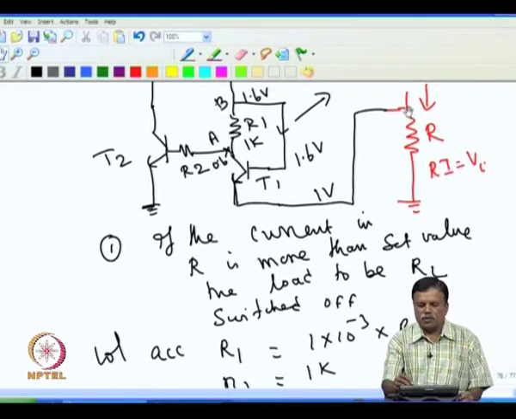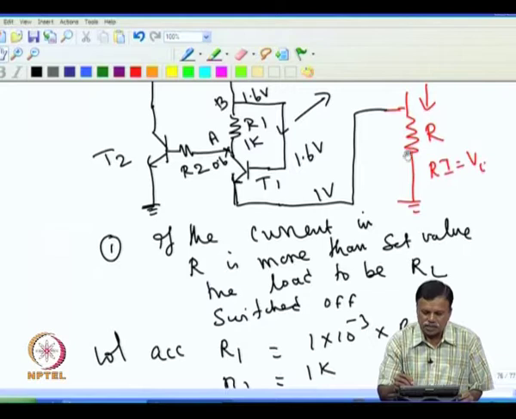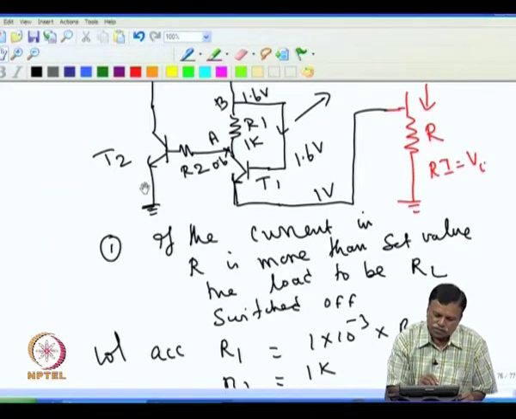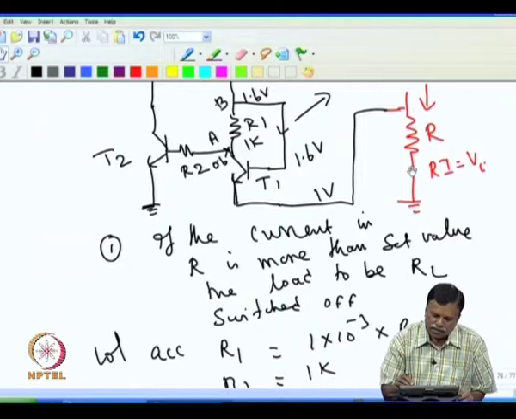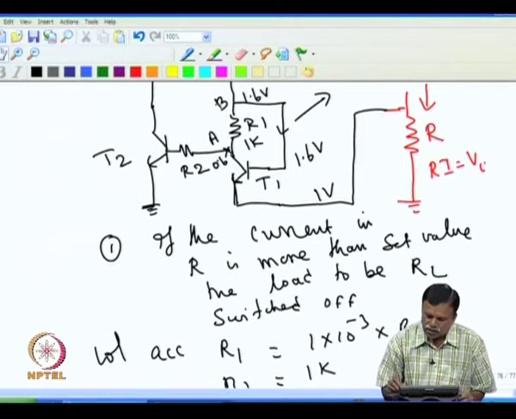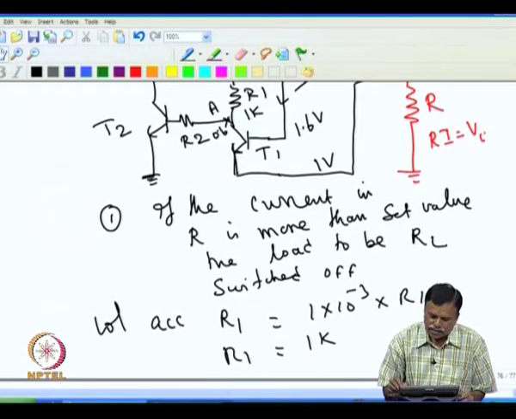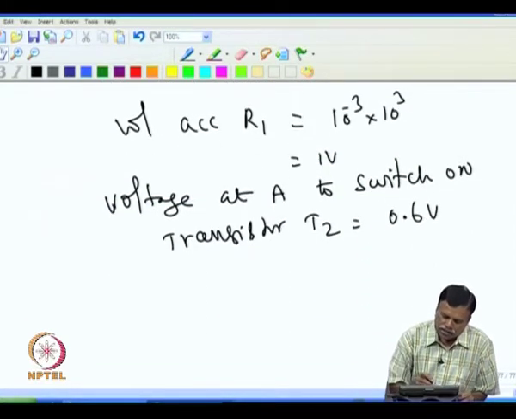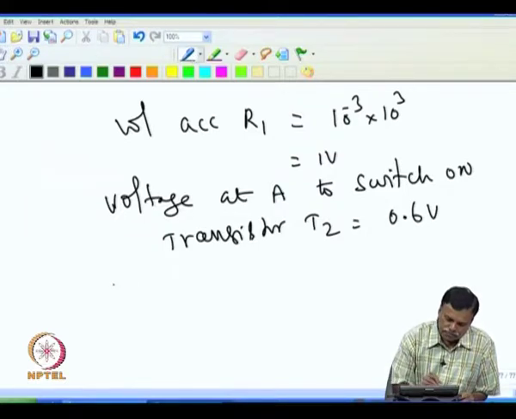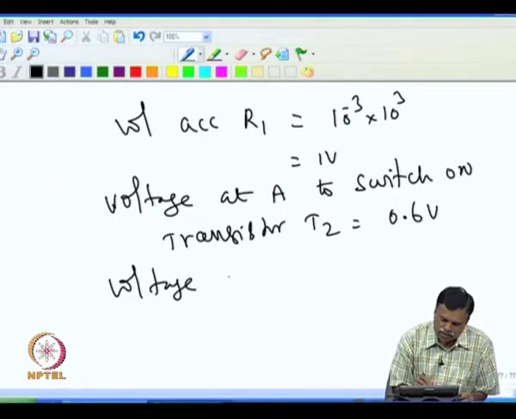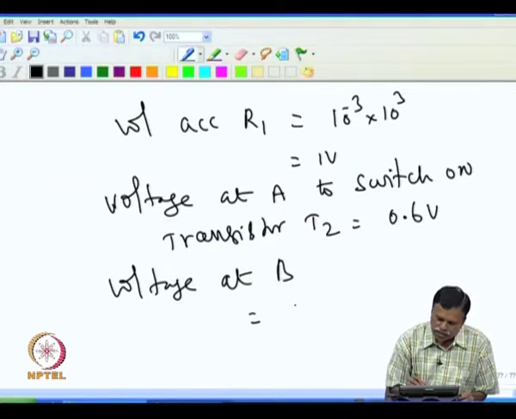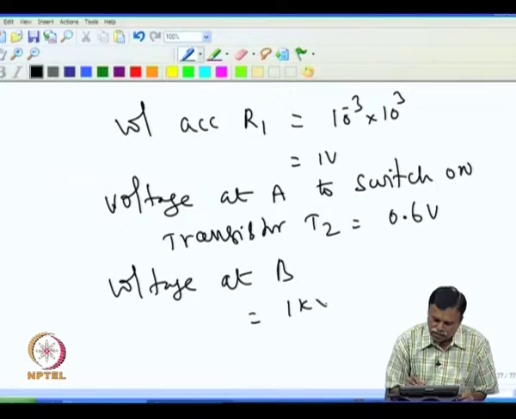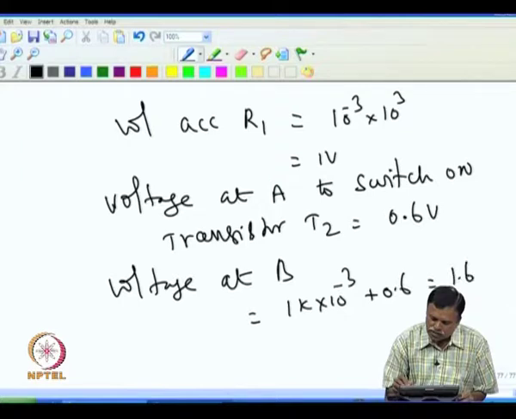Other way around, only when the voltage across this is more than 1 volt, transistor T2 will be on. If the voltage at this point is less than 1 volt, the transistor will not come on. So, effectively, if you write the equation, voltage at B would be 1K into 1 milliampere plus 0.6, that will be 1.6 volt.